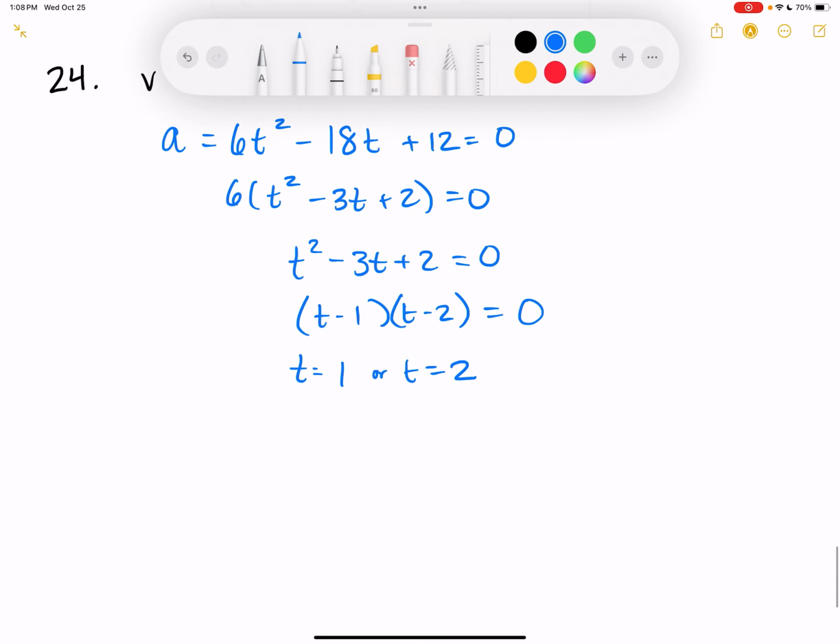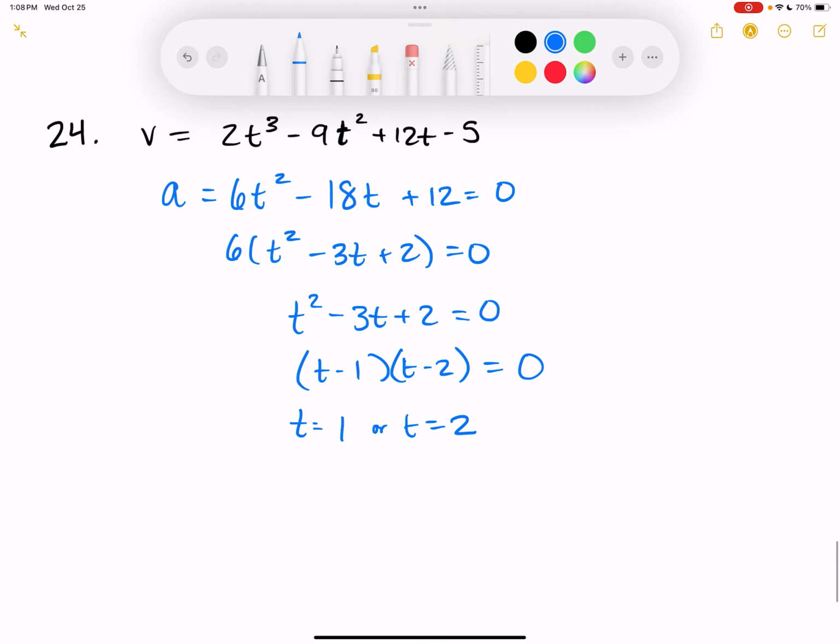At t equals 1 and t equals 2, I use those numbers in my velocity equation: just plug in and find the velocity at those times, AKA the speed. If it's already positive, it doesn't really matter.